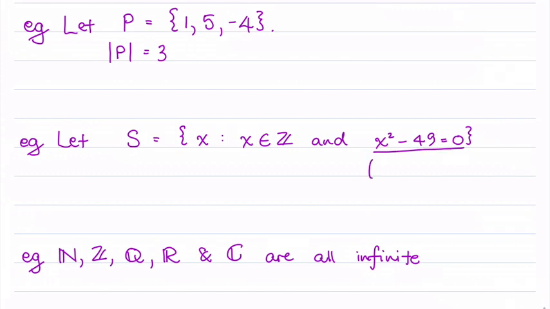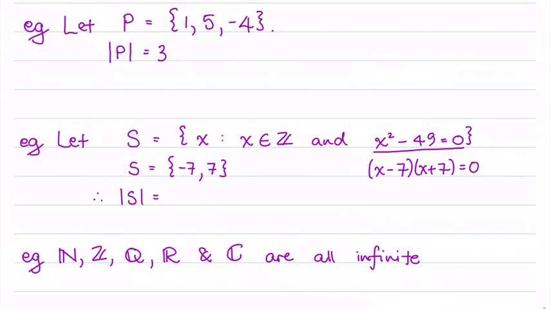Well, if we factorize this equation, we get x minus 7, x plus 7 equals 0, and so we see that the numbers which make this equation true are minus 7 and 7, and those are both integers. So our set S consists of minus 7 and 7, and therefore the size of our set S is 2.